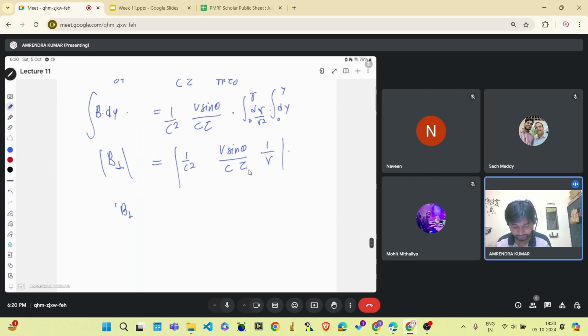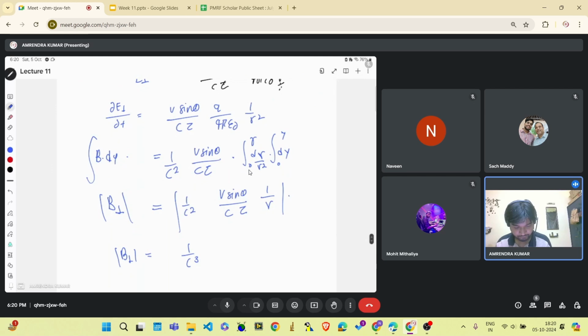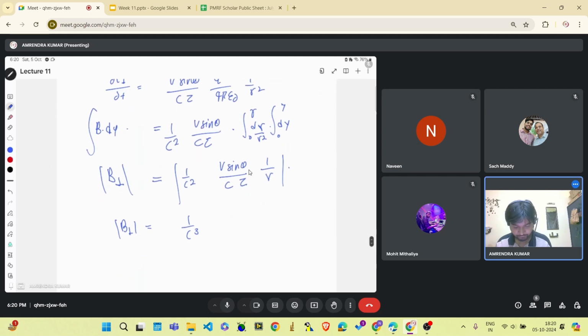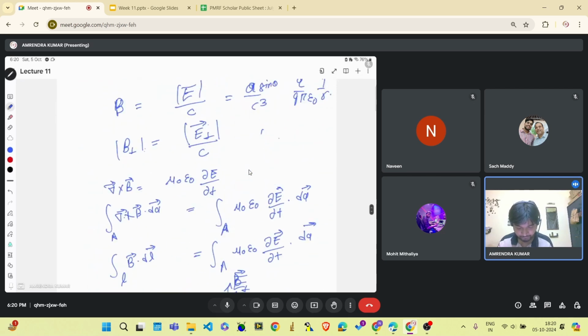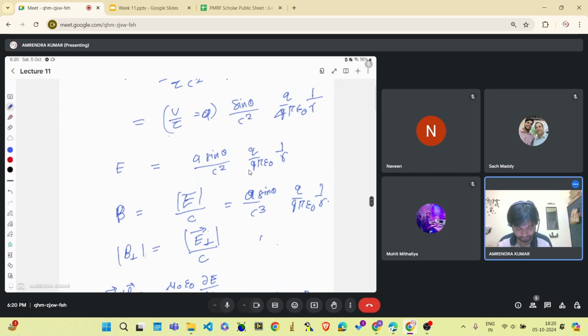So the B perpendicular will have 1 over C, 1 over C cube, and some proportionality constant that I haven't taken into account, but you can see that the formula is very similar.